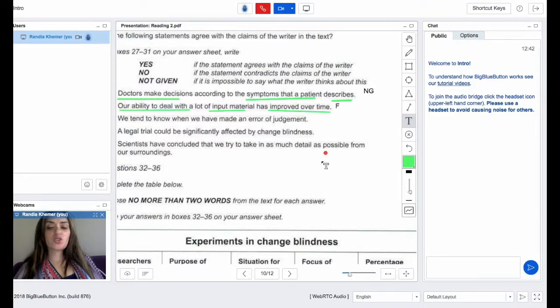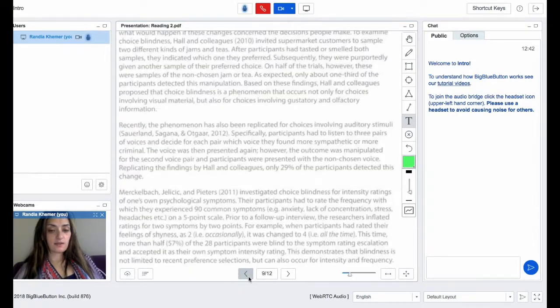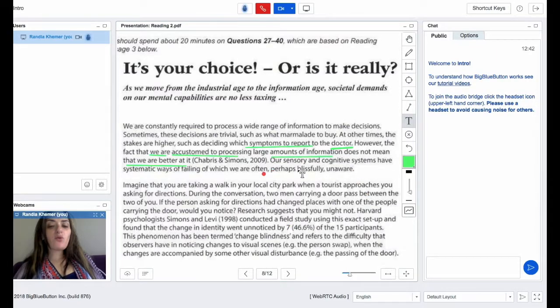Okay? And these questions, they come in order. We tend to know when we have made an error of judgment. Our sensory and cognitive systems, this is we, have systematic ways of failing, of which we are often unaware, perhaps blissfully unaware.